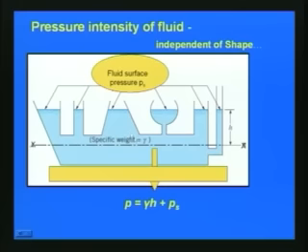For a fluid with specific weight gamma, the fluid pressure intensity P is equal to gamma into h plus the fluid surface pressure Ps. This will be the same at all points on this line xs. So this gives the pressure intensity of the fluid at this particular section xs.